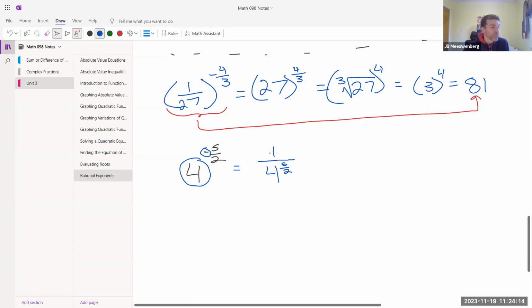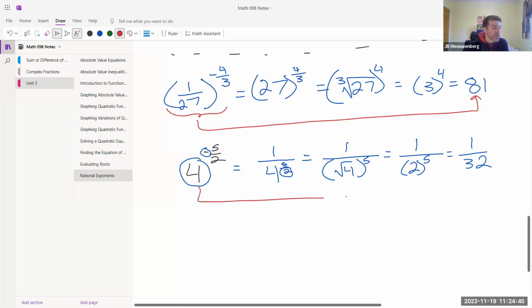Notice how our exponent became positive when we moved it to the denominator. Now it's 1 over, let's see what happens here, the square root of 4, because of this 2 in the denominator, but then that is to the 5th power. So this is going to be 1 over, what's the square root of 4? 2. And then 2 to the 5th power is 32. So this turns into the number 32.